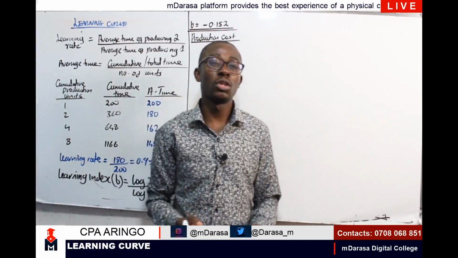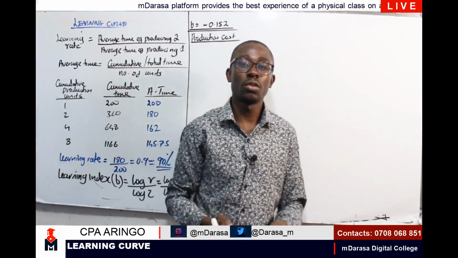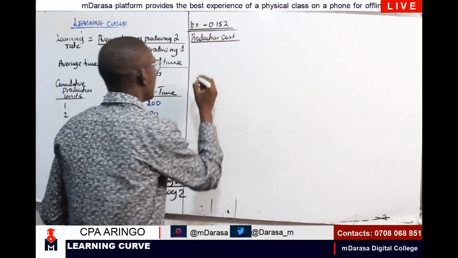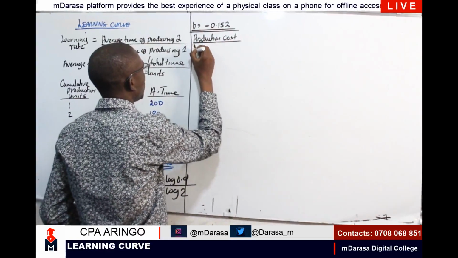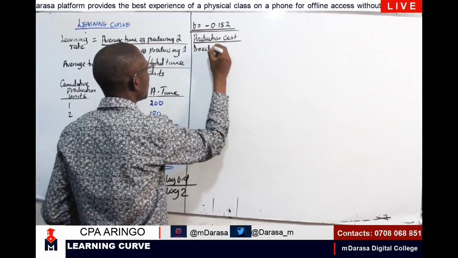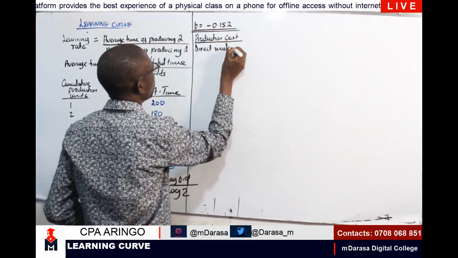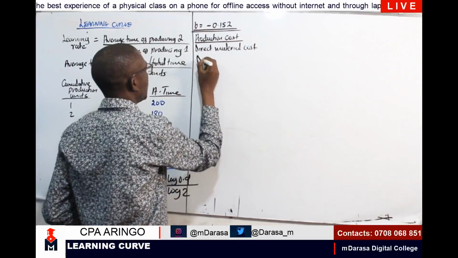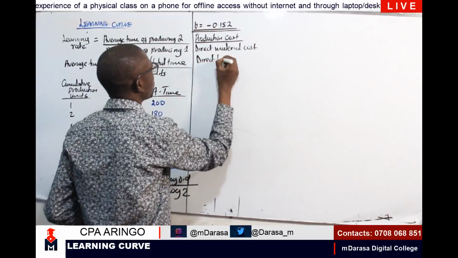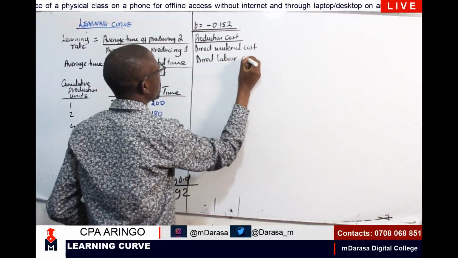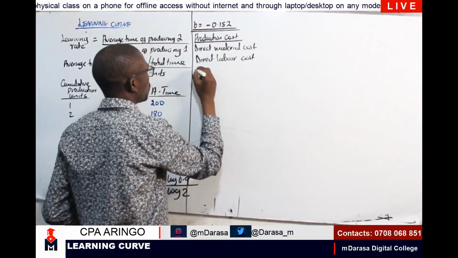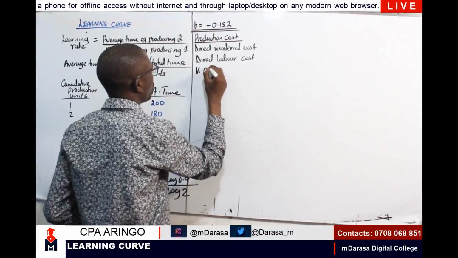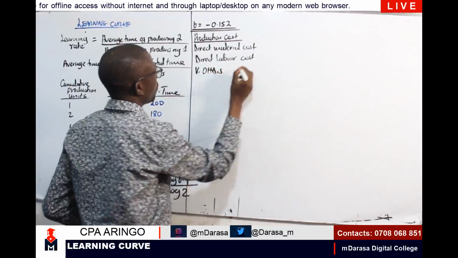And at this point, you should know that you normally talk of three main types of costs. These will be direct material cost, direct labor cost, as well as the aspect of variable OHDs, variable overheads.